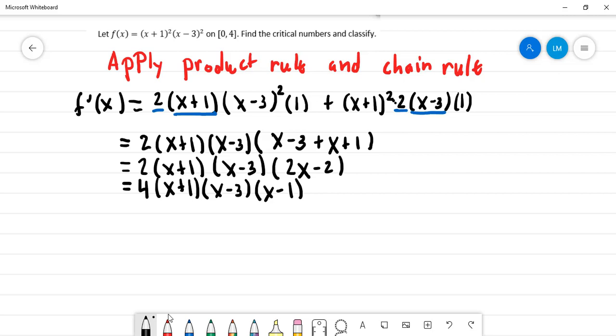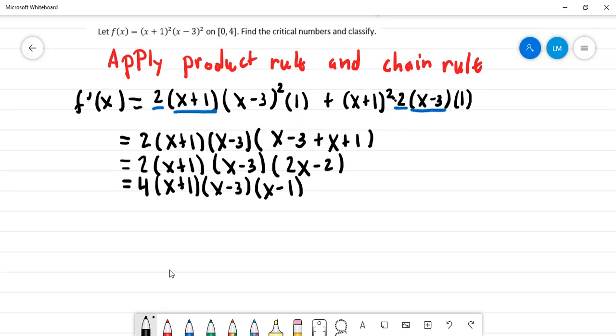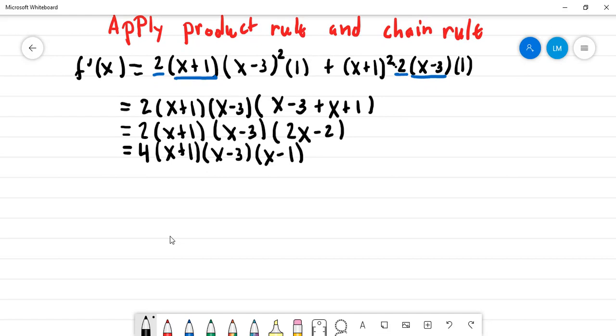So it looks like we have a few critical points in this case, because now what we need to do is set this equal to 0.